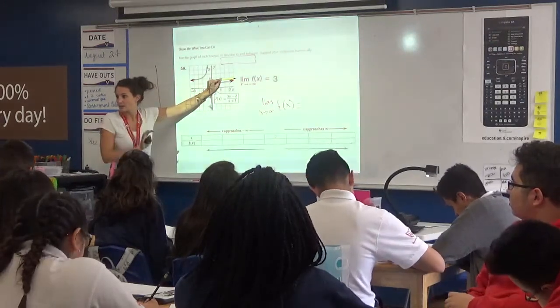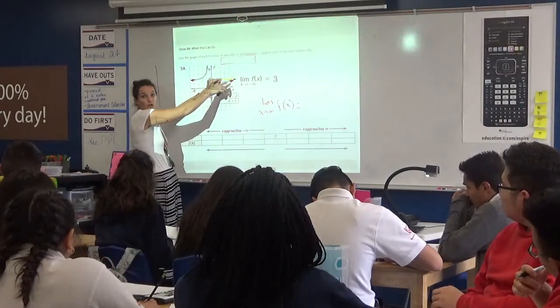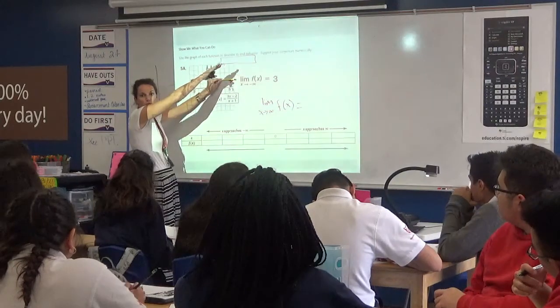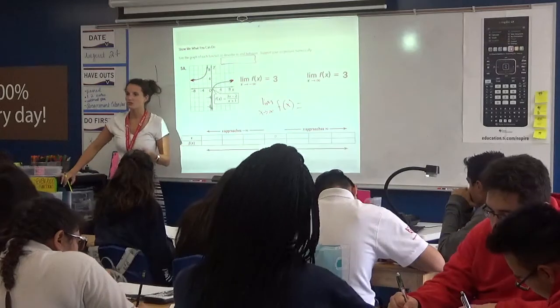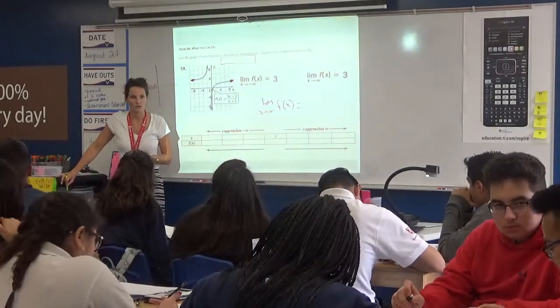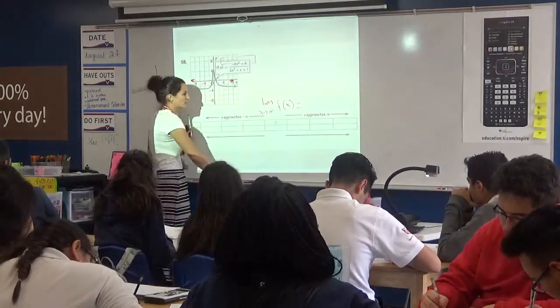This time it's approaching from the bottom, so we've passed up 2. We're headed towards 3. I don't think it's going to make it all the way up to 4. I think it's going to level off at about 3. But again, you're just going for your reasonable answer here, what you think when you look at it. Okay, the one at the bottom.